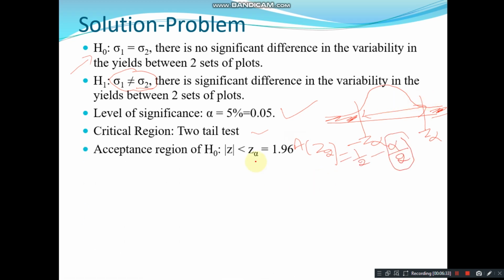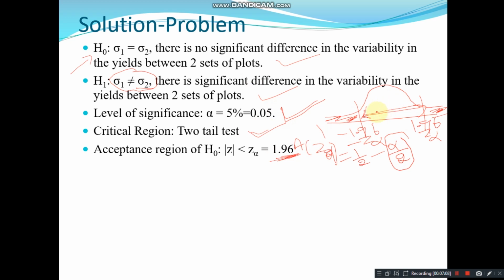So mod z is less than z alpha, and the corresponding z alpha value is 1.96. You get this from the z distribution table. So we have chosen the null hypothesis and alternate hypothesis, and with the level of significance we use the two-tailed test. Then the acceptance region is minus 1.96 to positive 1.96 for H naught.